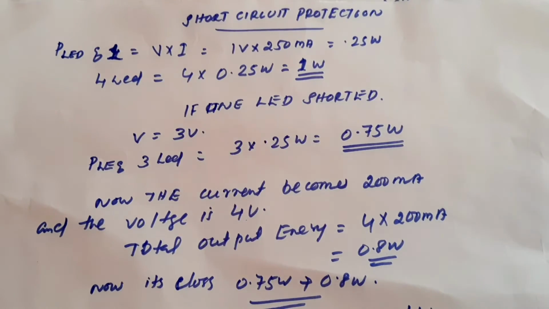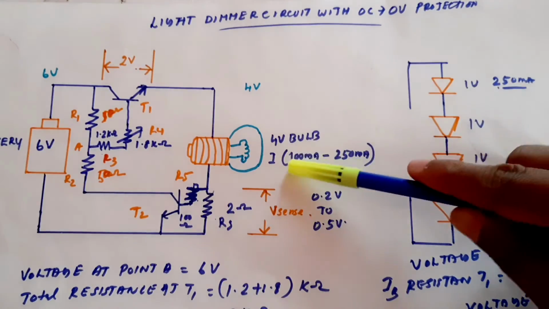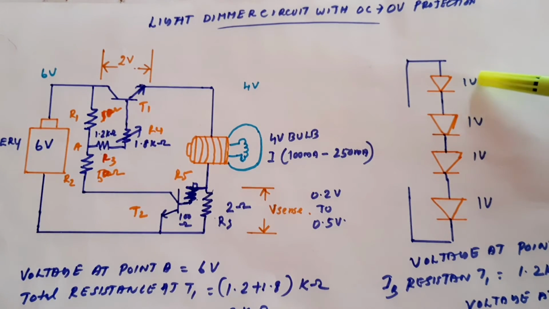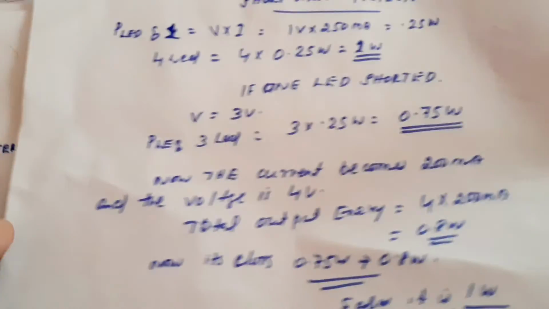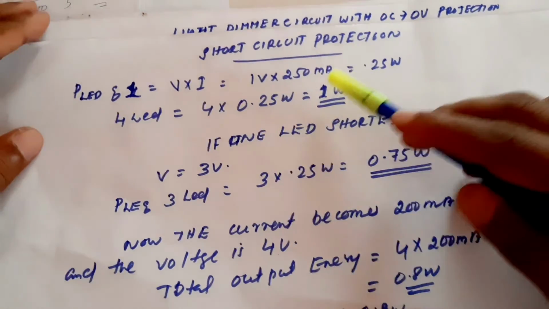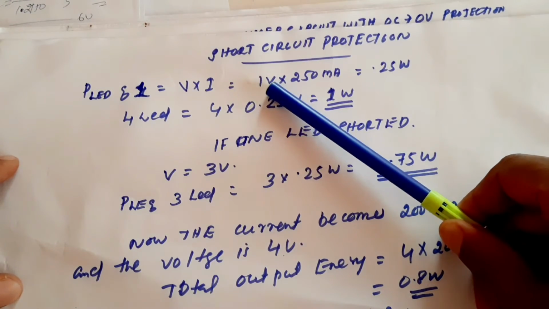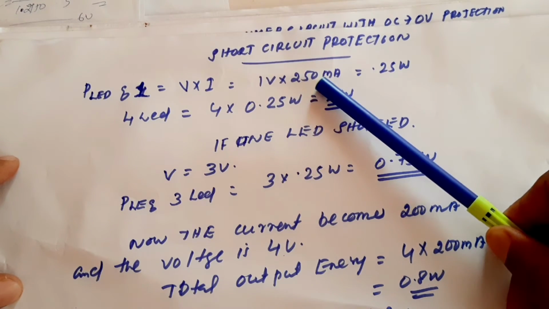Now we will check how it gives short circuit protection or overcurrent protection. Instead of this bulb, if we connect 4 LED bulbs and each has 1 volt, the total becomes 4 volt, and the maximum current allowed through each is 250 milliampere.